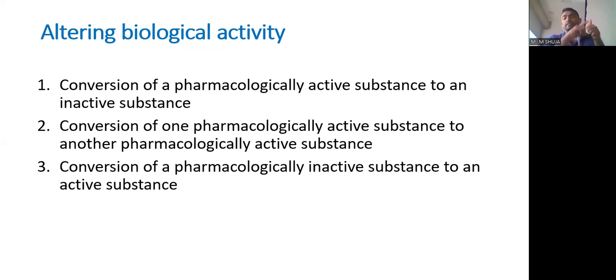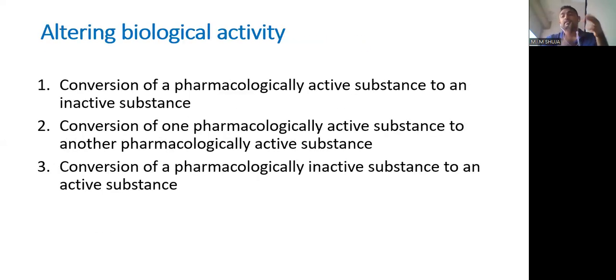One, if there is an active drug, after the metabolism, that drug becomes inactive. Or, if it's an active drug, after the metabolism, that active drug can convert into another active form of a drug, or active metabolite.